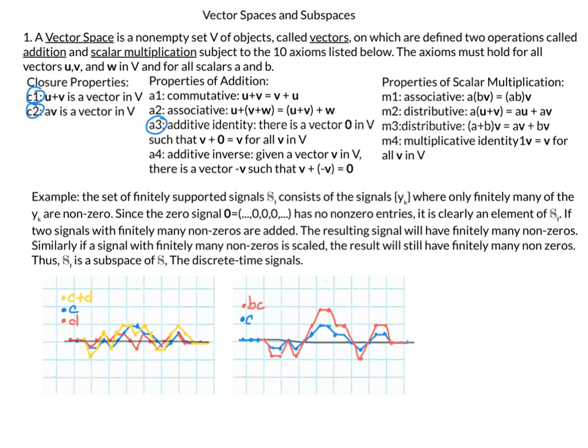If two signals with finitely many non-zeros are added, the resulting signal will have finitely many non-zeros. Similarly, if a signal with finitely many non-zeros is scaled, the result will still have finitely many non-zeros. Thus, S_f is a subspace of S. S was the doubly infinite space, the discrete time signals.